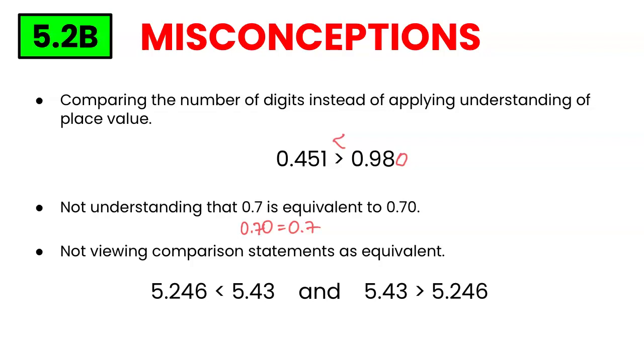So for example, if I say that 5.246 is less than 5.43, that's the same thing as saying that 5.43 is greater than 5.246. And so you want to make sure that students are able to see those comparison statements both ways, not just with the bigger number on the left, but sometimes with the bigger number on the right with a less than sign, because that will come up in STAR-released questions.